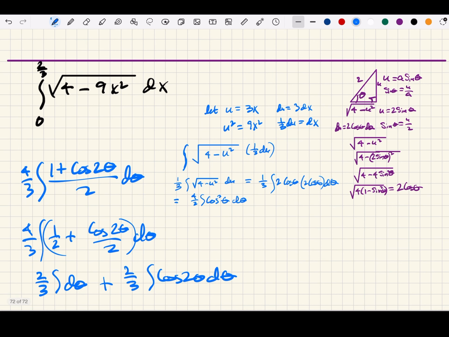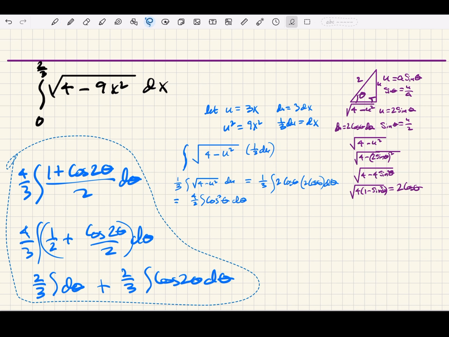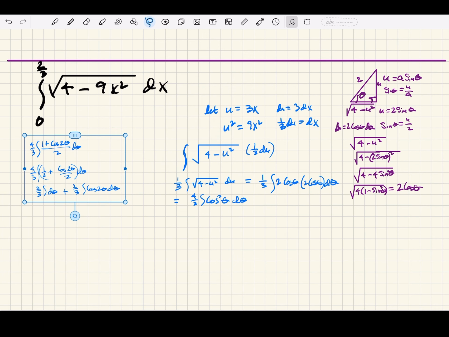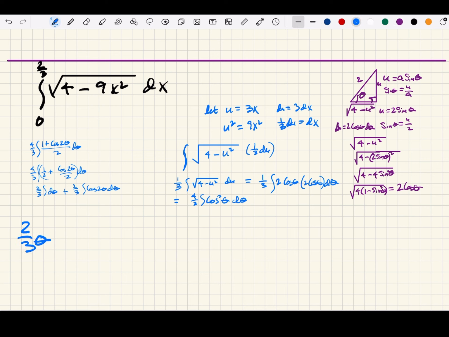So we're going to have 2/3 theta plus, okay, now the integral of cosine 2 theta, 1/2 sine 2 theta. So we have 1/3 sine 2 theta, plus c.